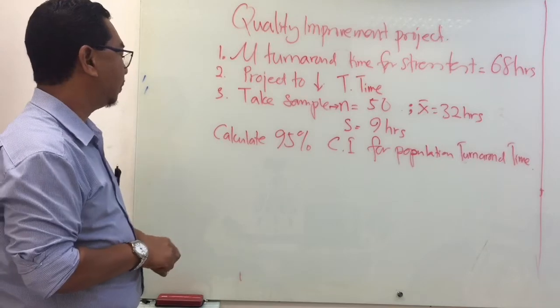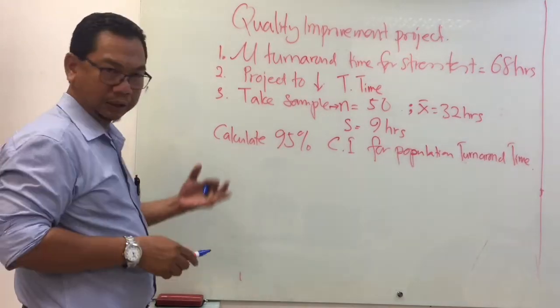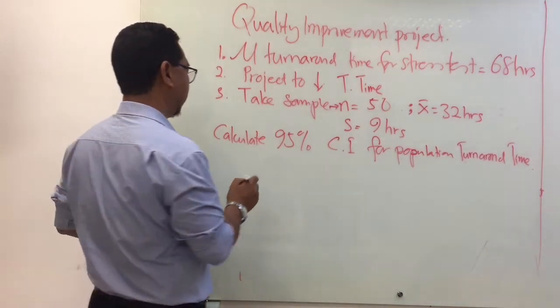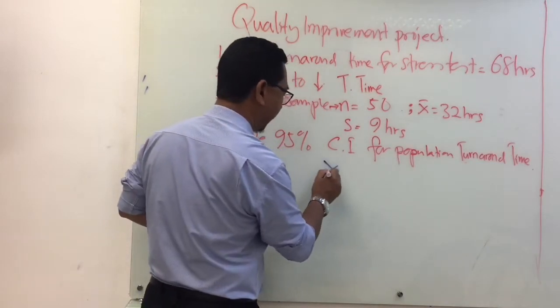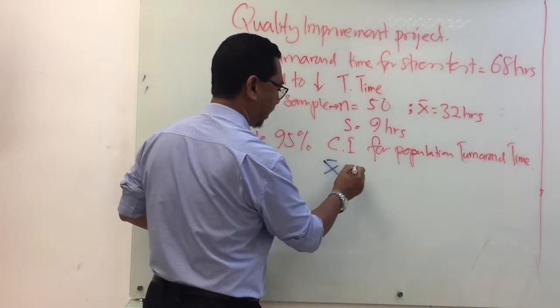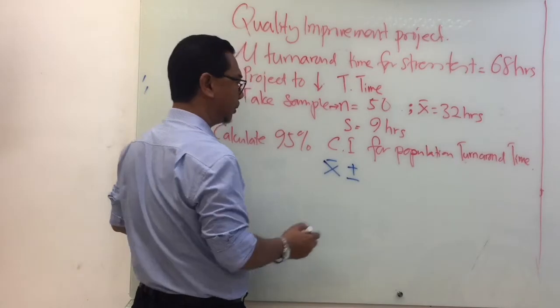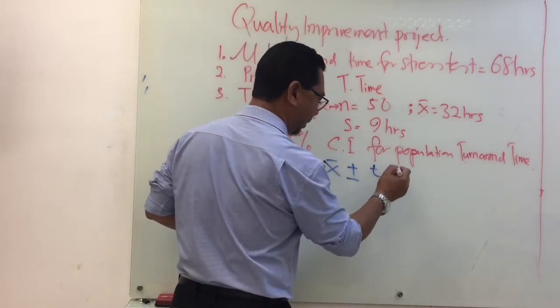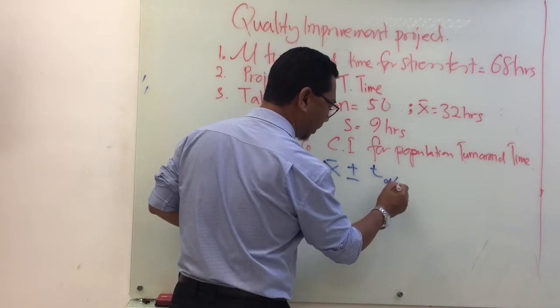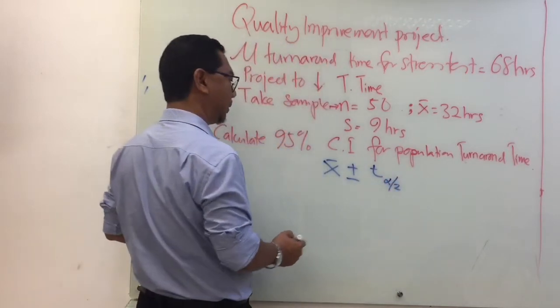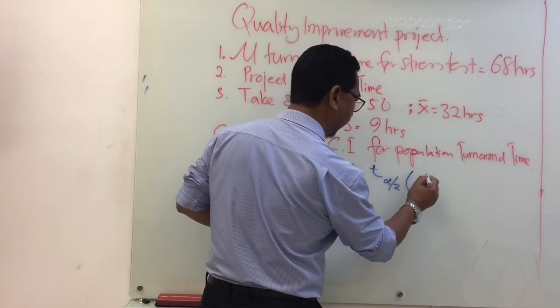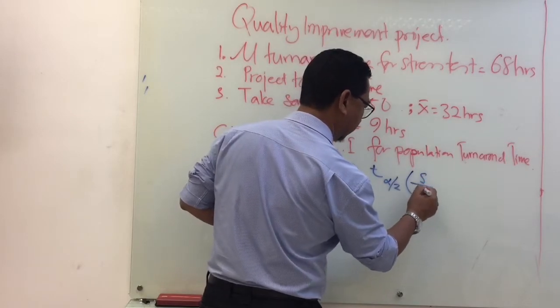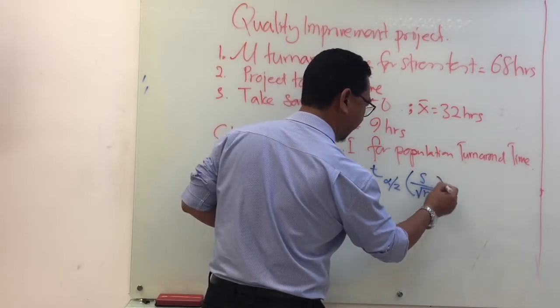First of all, let's see the basic formula. X bar plus minus t, the T distribution critical value, using alpha by 2, times s over square root of n.